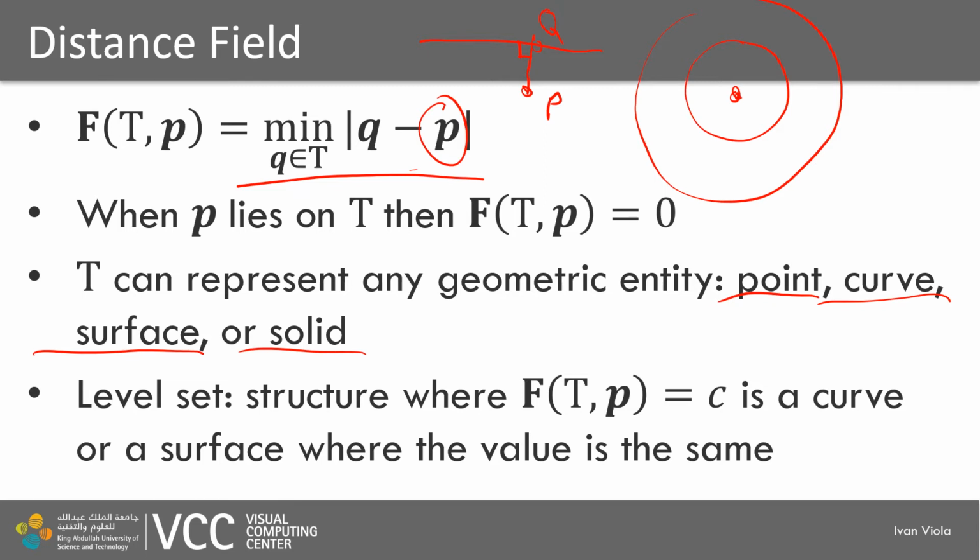Of course, if the point lies on the surface or on the skeletal element defining which distance we are calculating, then the value will be 0. Imagine that we have a distance field from some implicit representation, where this will be the surface of our implicit representation. We have our skeletal element, and we are tracing this f, let's say f equals 0, which means d equals 1 for the skeletal element.